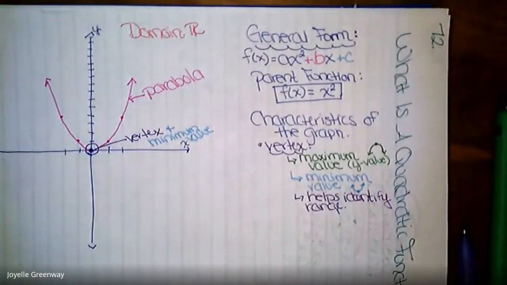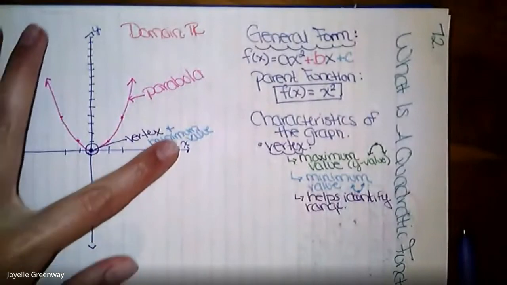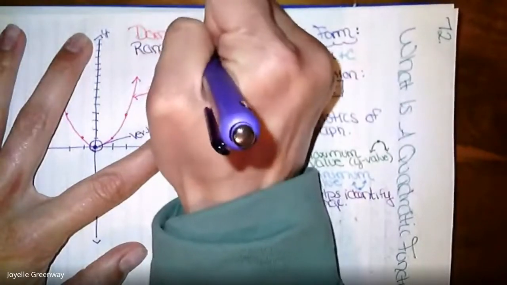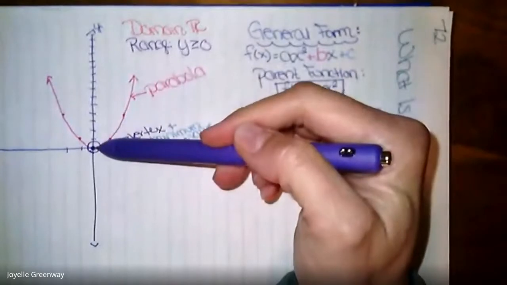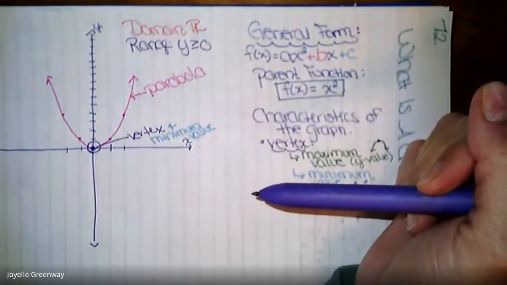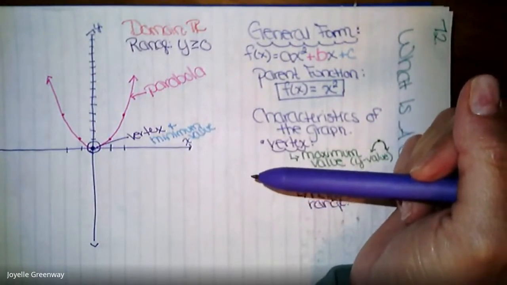The range is going to be y is greater than or equal to 0, because your parabola is opening up. So that's the lowest point on the y-axis that your graph could ever be. Okay?